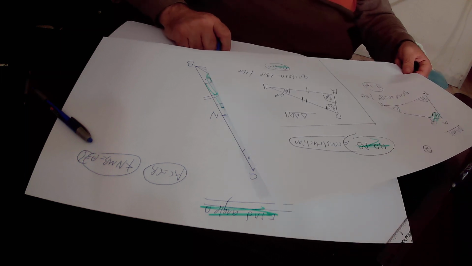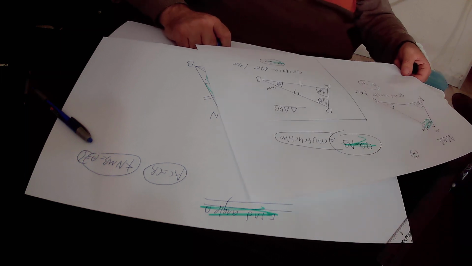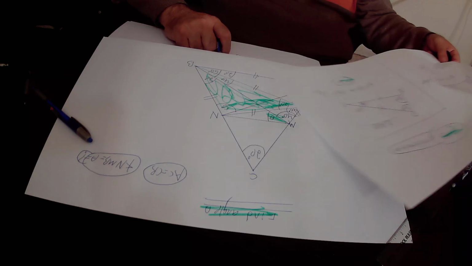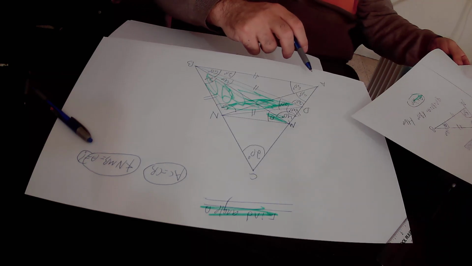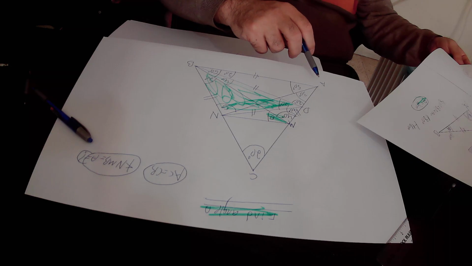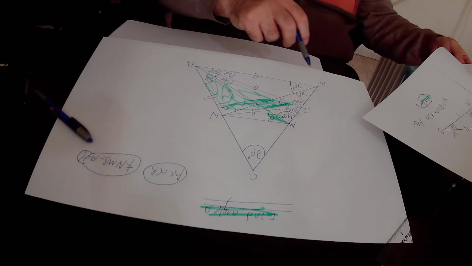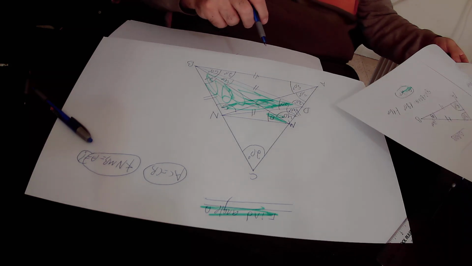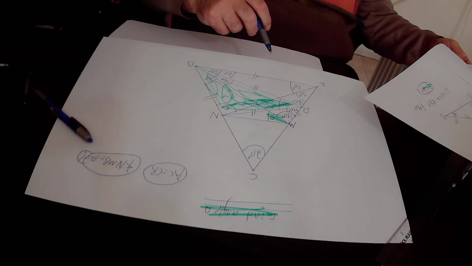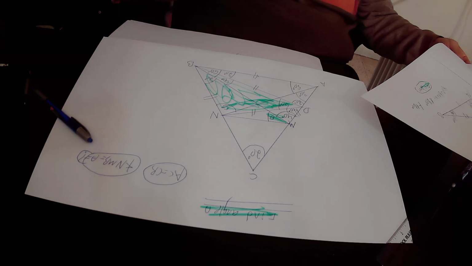In the next step, we'll focus on triangle ADB. So this is triangle ADB. I copied triangle ADB in a new page and analyzed it.